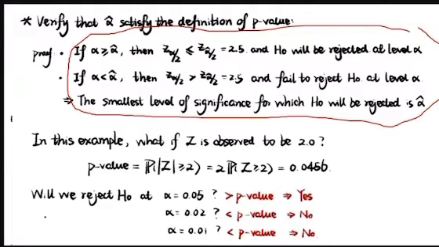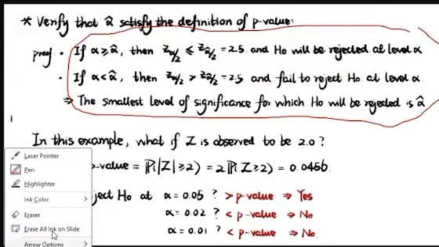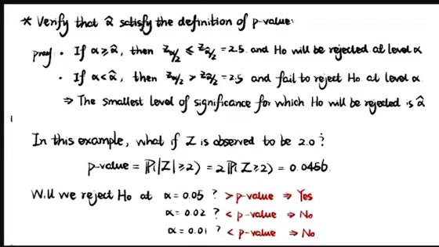Now, let us move away from Z equal to negative 2.5. Assume your test statistic value is now 2.0. You calculate this, and you multiply by 2, and that gives you this.